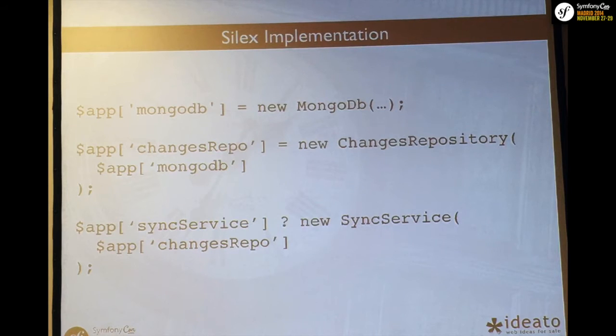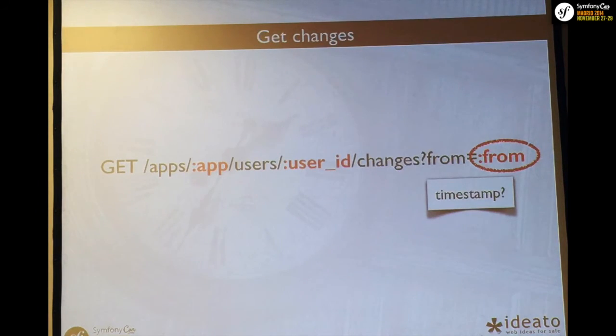Okay, I'd like now to spend some time talking about several choices we had to make for building up the algorithm. The first one was about the from parameter. Is it a timestamp or an incremental version number?